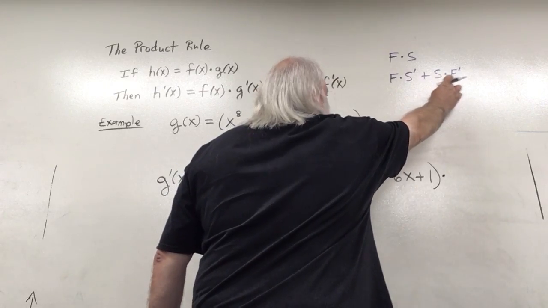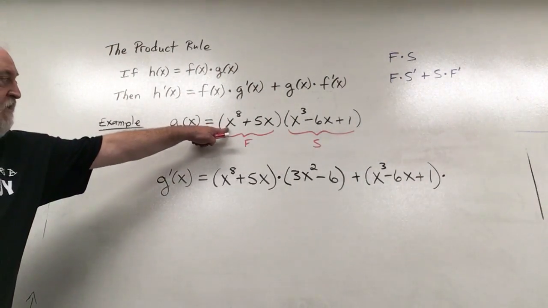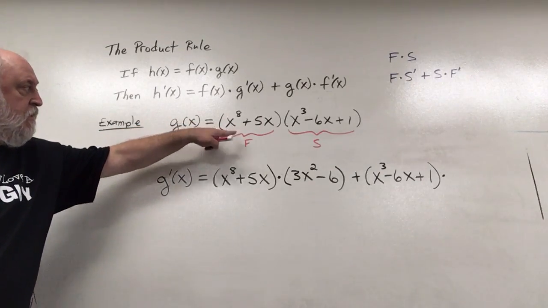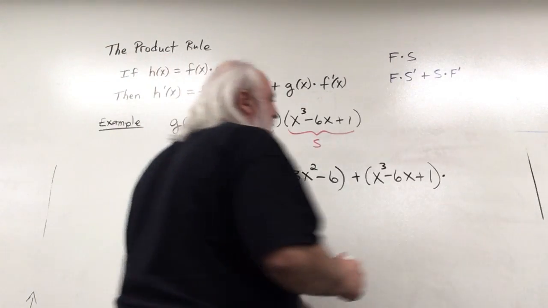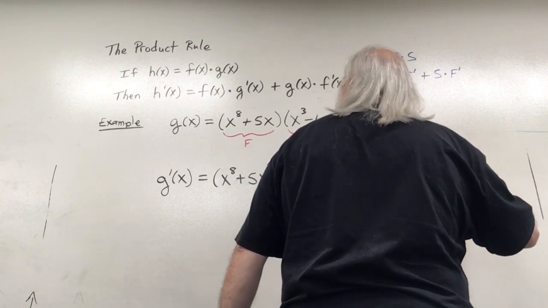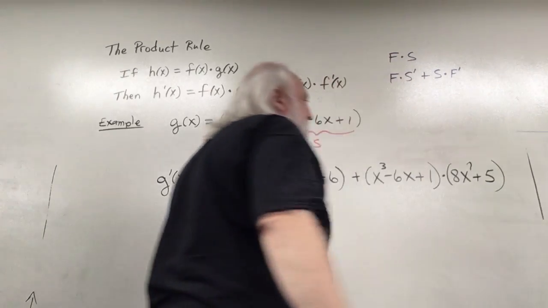And we multiply the second function by the derivative of the first function. Well, this in parentheses here is the first function. The derivative of x to the 8th is 8 times x to the 7th, and the derivative of 5x is 5.